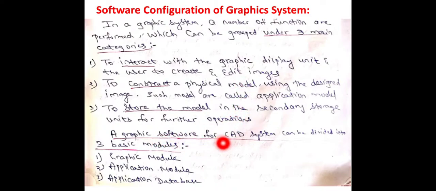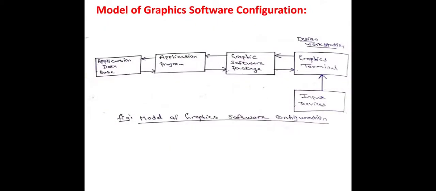A graphics software for a CAD system can be divided into three basic modules: graphic module, application module and application database. So now let us see what those are. Your model of graphic software configuration is shown: application database, application program, graphics software package, graphics terminal and input device.